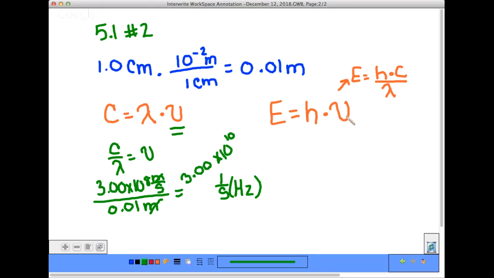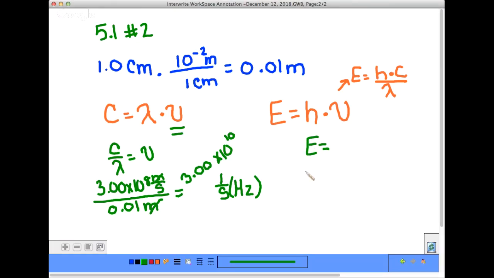Now that we know frequency, we can plug this into this equation. I'm going to use this equation just because there are a lot fewer variables, so less room for error. So now we can solve for our energy.